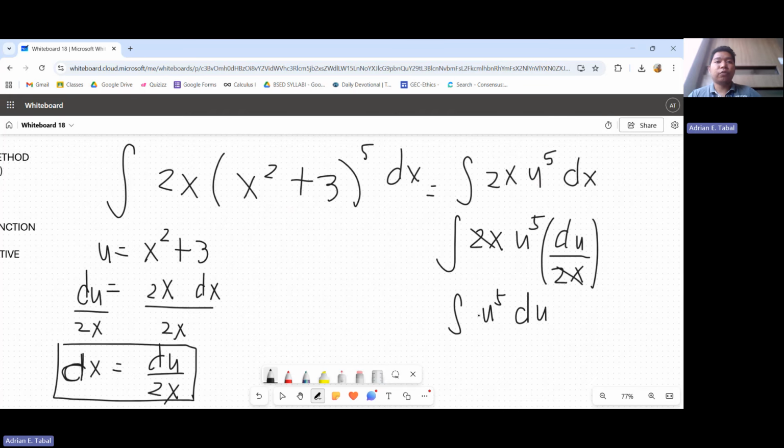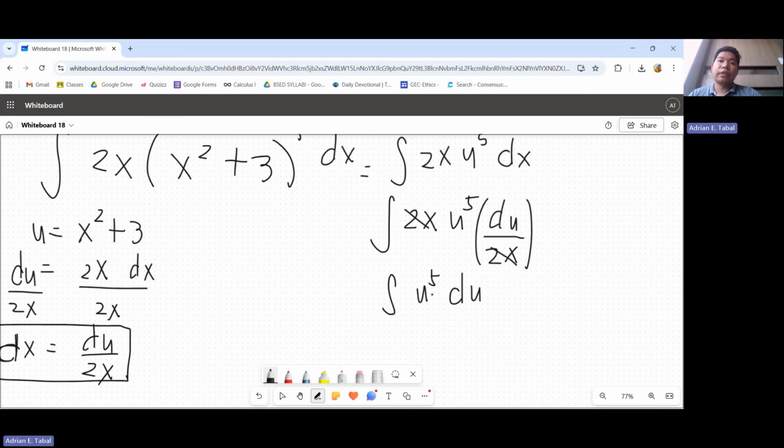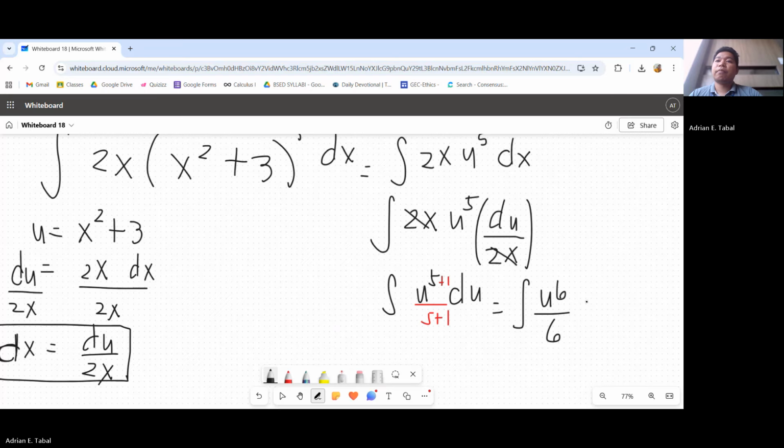So power rule for u raised to 5: we have plus 1, and we also have 5 plus 1. This is the power rule. So we have u to the 6th over 6 plus c.